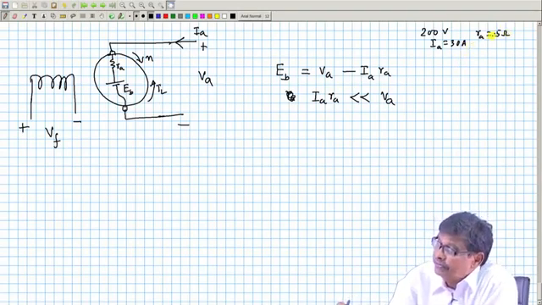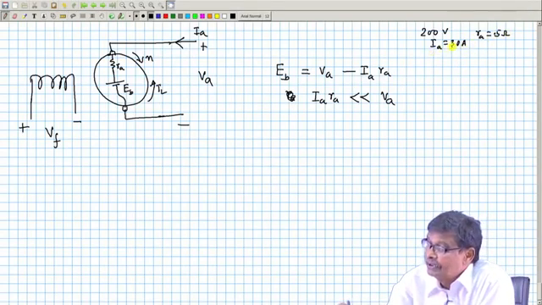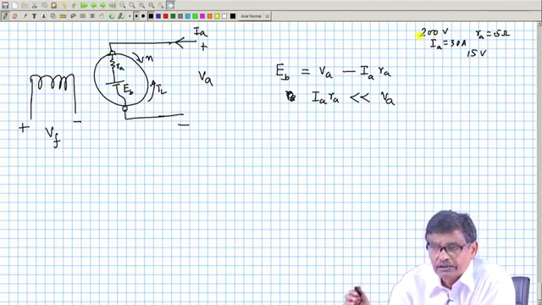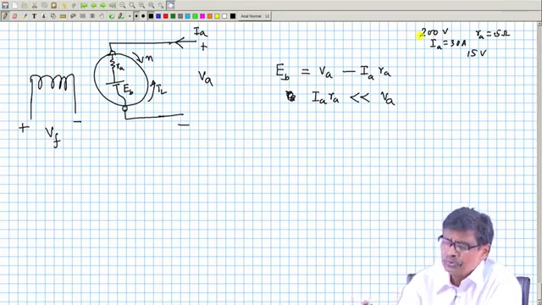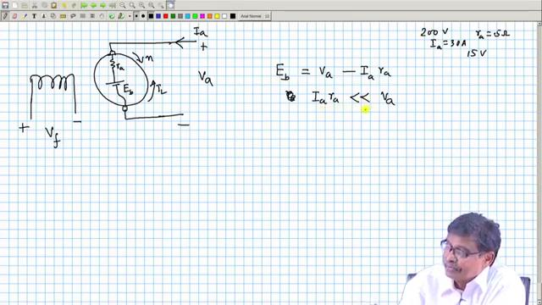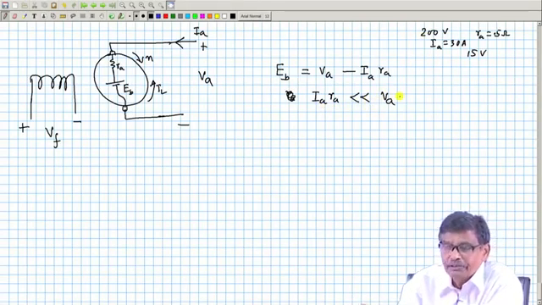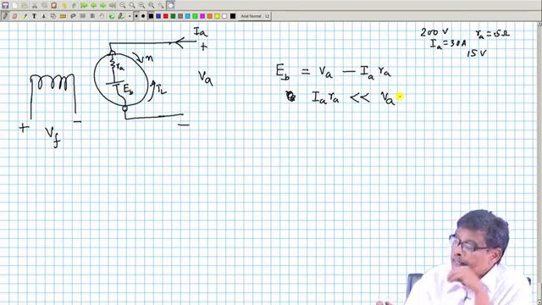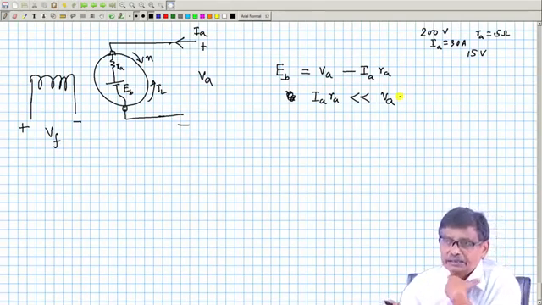So, what will be the voltage drop, IARA drop? It is only 15 volt, is not, and your supply voltage is 200 volt. Sometimes to get quick results, we also neglect this IARA, because IARA drop is much smaller compared to the armature voltage you have, to get quickly the results.